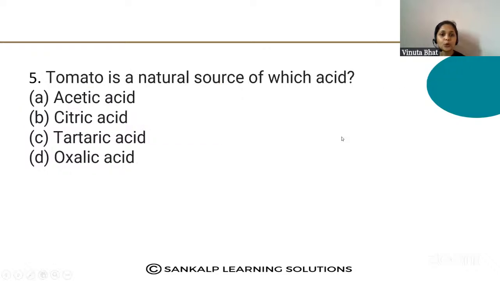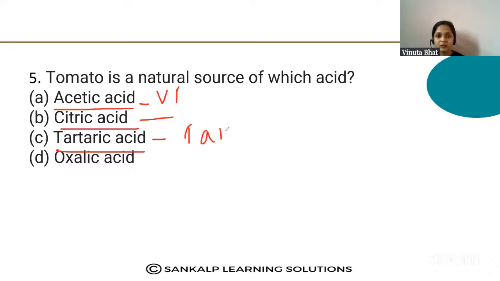Next question. Tomato is a natural source of which acid? Acetic acid, citric acid, tartaric acid, oxalic acid. Acetic acid is present in vinegar, citric acid is present in citrus fruits, tartaric acid is present in tamarind, and oxalic acid is present in tomato.